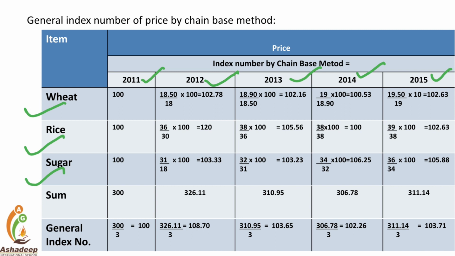Now for 2012, we have the value of the base year and the value of the current year, because for 2012 the current year will be 2012 and the preceding year will be 2011, and we have the value of both.